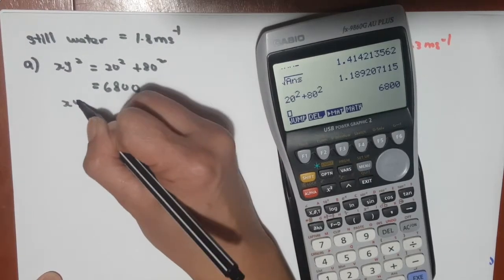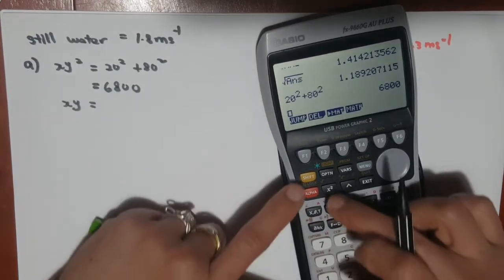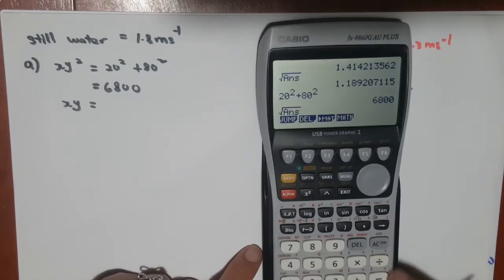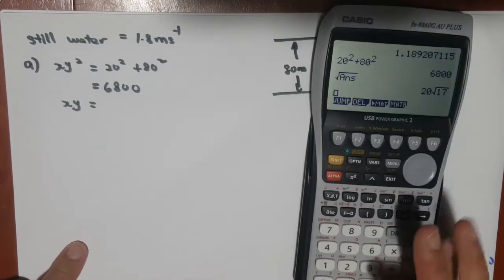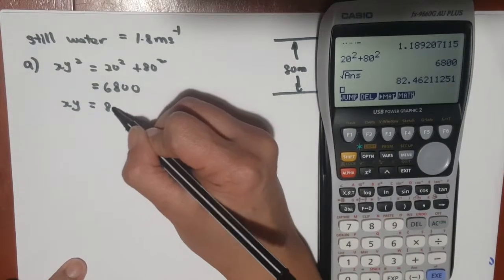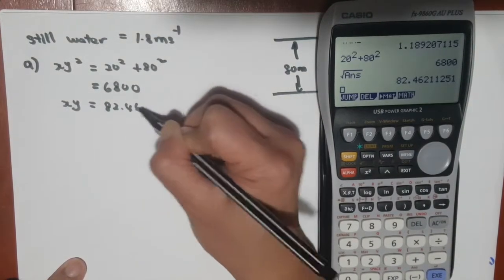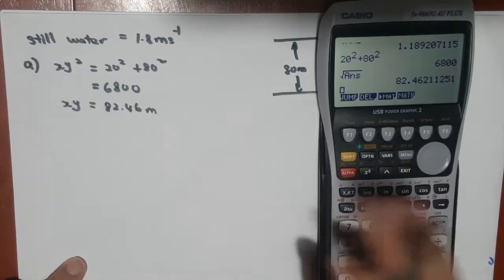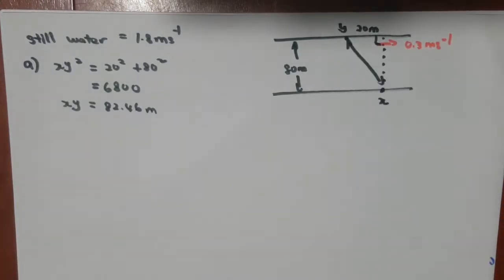To get the value of XY, we square root the answer, which, if we change it to decimal, gives 82.46 meters. So that's the answer for A.